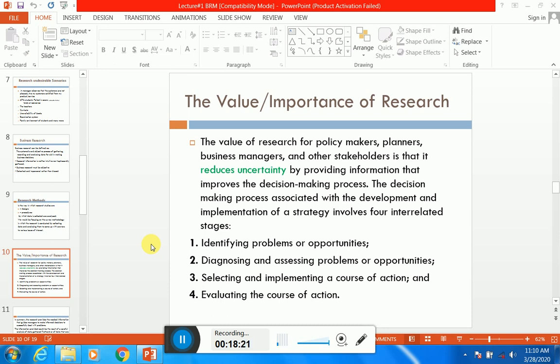Like how? Suppose a manager, or a group of managers, wants to invest money into a company, but they don't know that the company's shares in the market are going down.